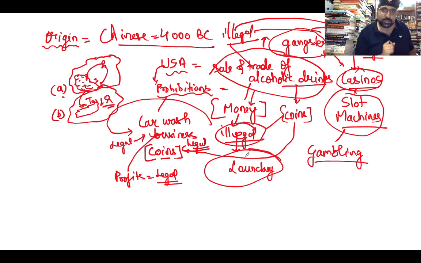Now see the beauty: when you insert those coins, which obviously come from a legitimate source because you are not one of those gangsters, you are putting your hard-earned money into a laundry machine so that you are able to clean your dirty clothes.